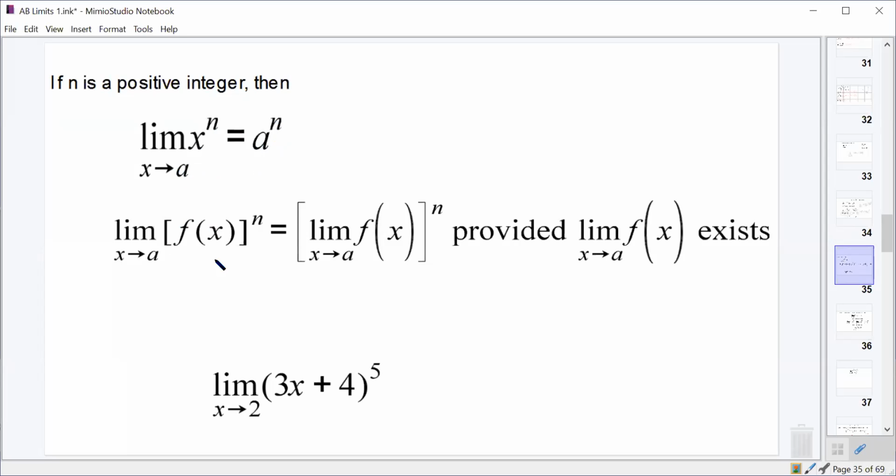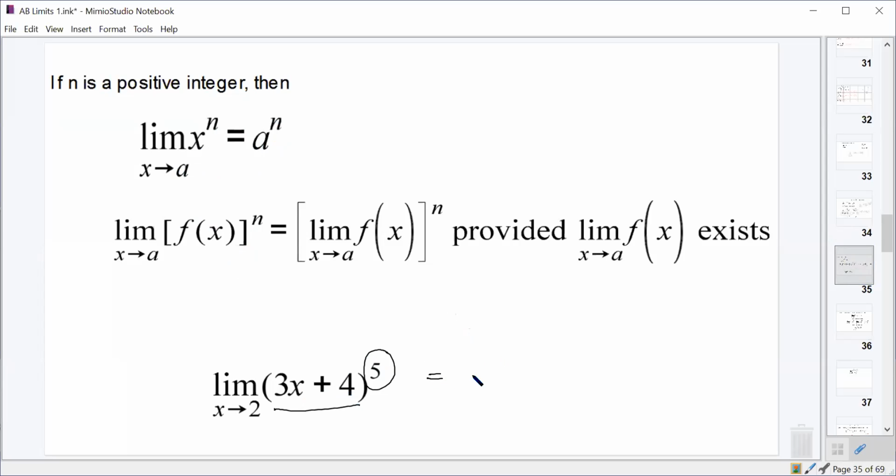But if I have a function to a power, so let's say I had the limit as x approaches, I have one written down here. The limit as x approaches 2 of 3x plus 4 to the 5th, that's a function, 3x plus 4, being raised to a power.